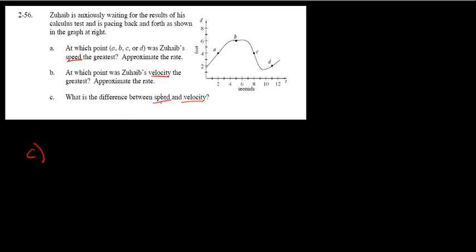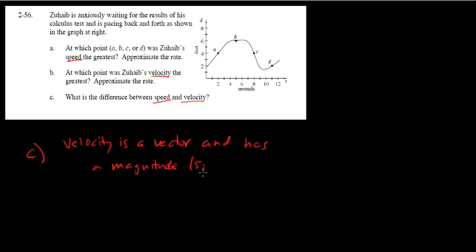The difference between velocity and speed: remember, velocity is a vector and has a magnitude. The magnitude of velocity is speed, and velocity also has direction, right?